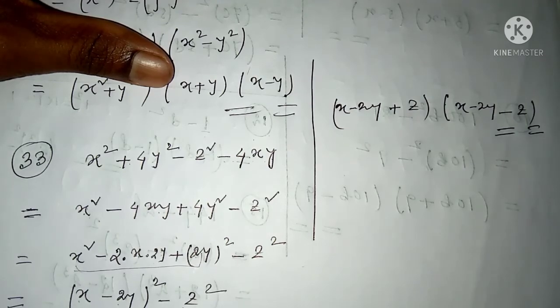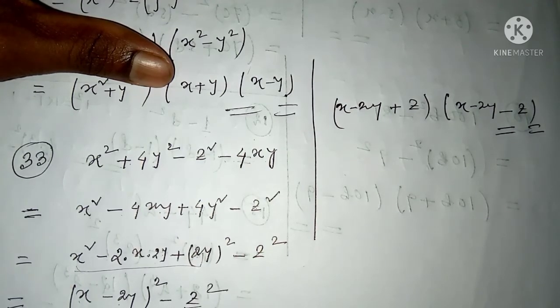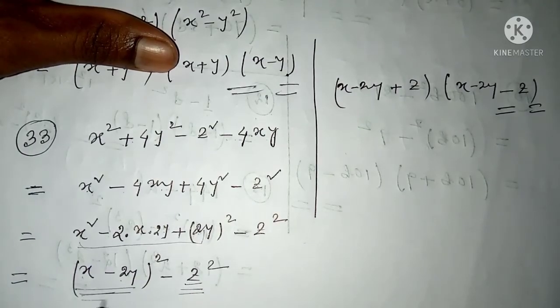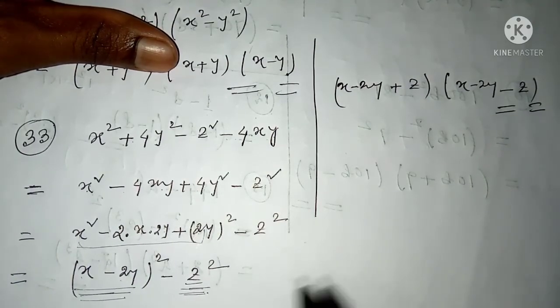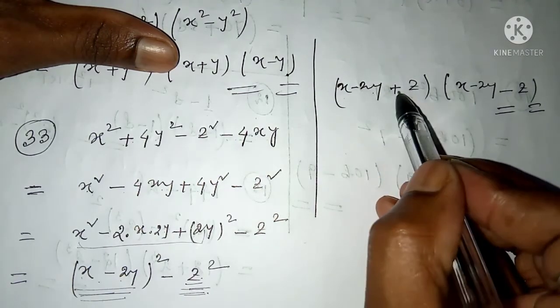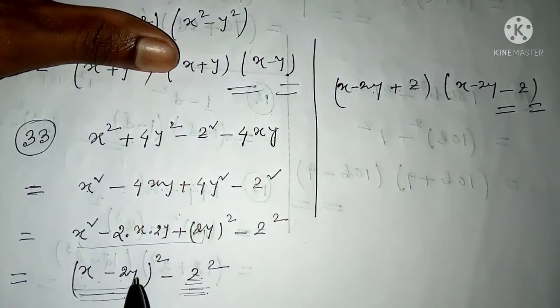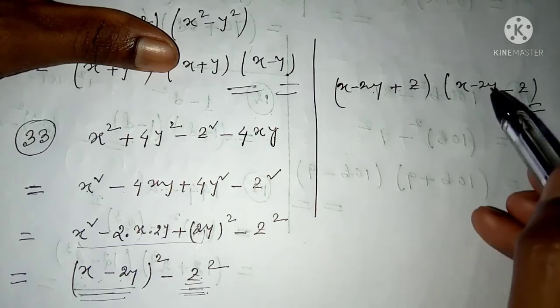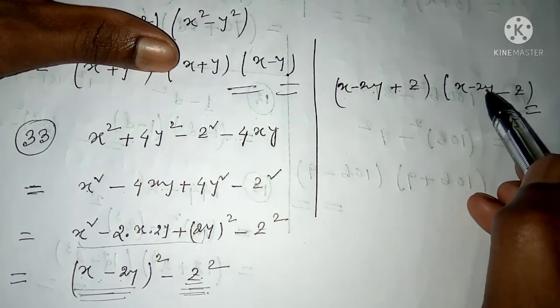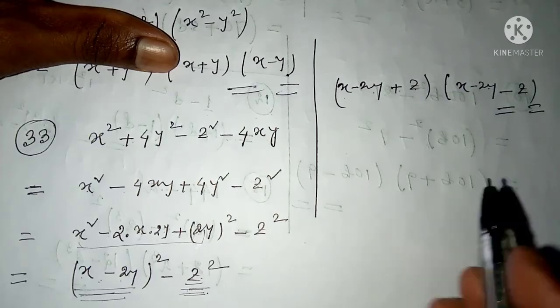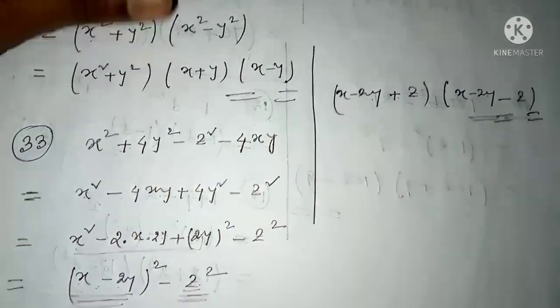This is our first term, this is our second term. Then first term plus second term, x minus 2y plus z, and next first term minus second term, x minus 2y minus z. So this is our answer to the 33rd question.